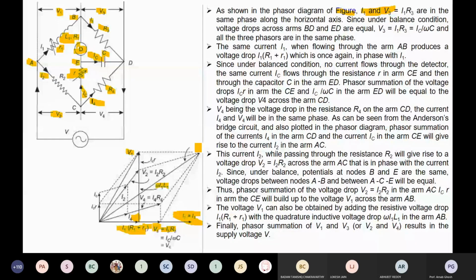But the rest of the points you need to find out, that means V2 and V4. How do you get the values of V2 and V4? V2 is I2 into R2, but what is the direction of I2? The expression is IC plus I4.